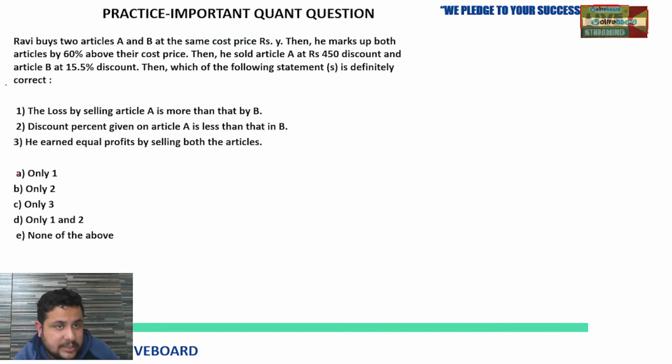And our next question is: Ravi buys two articles A and B at the same cost price, rupees Y. Then he marks up both the articles by 60% above their cost price. Then he sold article A at rupees 450 discount and article B at 15.5% discount. Then which of the following is definitely correct?